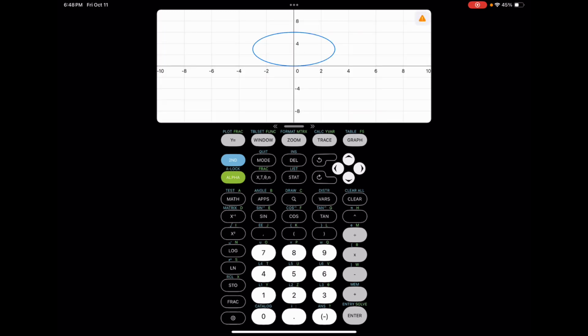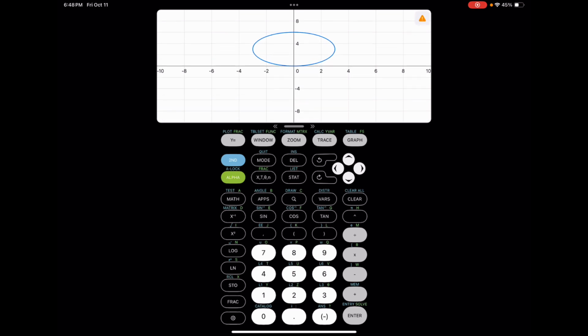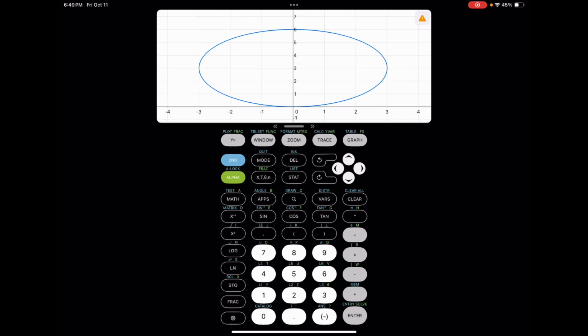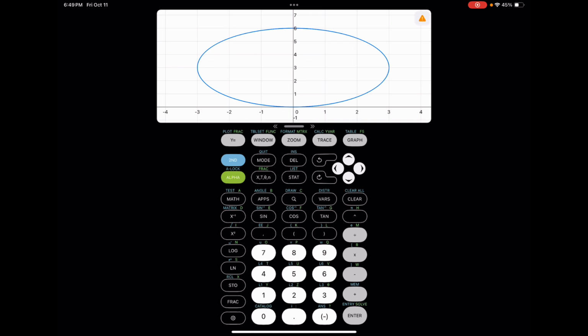Even though now it looks like an ellipse, this is a circle because the diameter is 6, and the horizontal diameter is also 6. So this is a circle, but it seems like an ellipse.